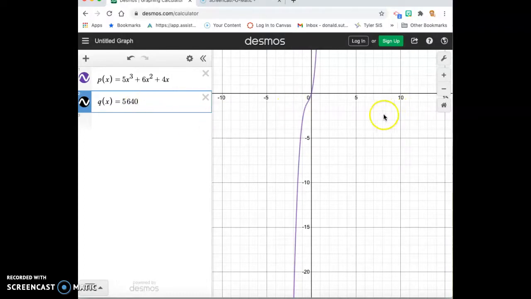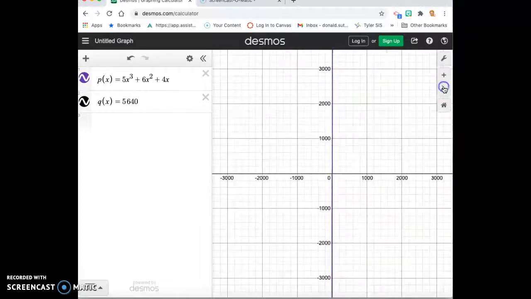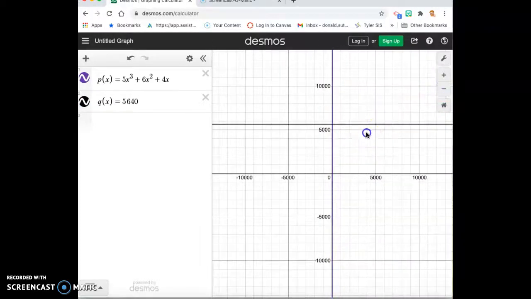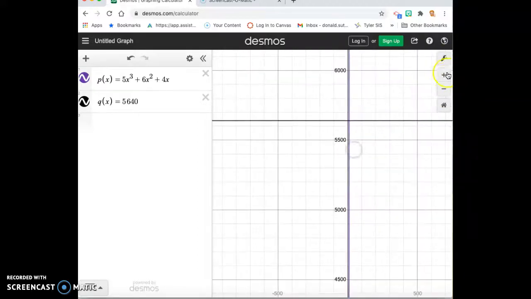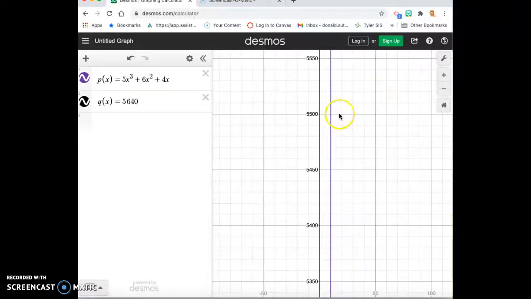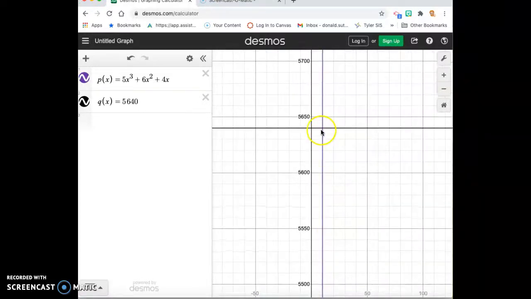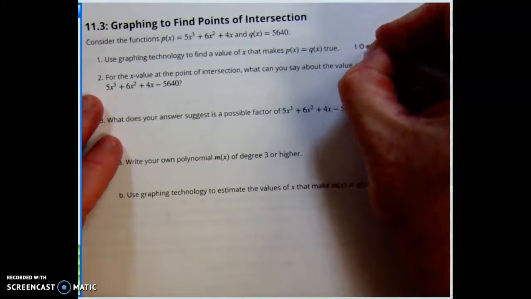And we're going to have to zoom way out here. So they cross way up here. There we go. So that's the point (10, 5,640).